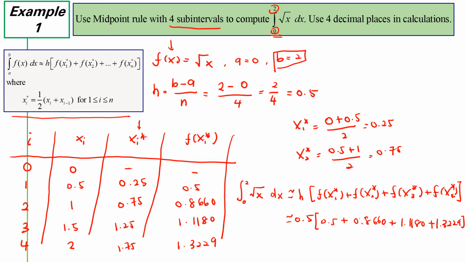You just add up these values, then you get 0.5 times 3.8069. So the final answer you will get is 1.9035.